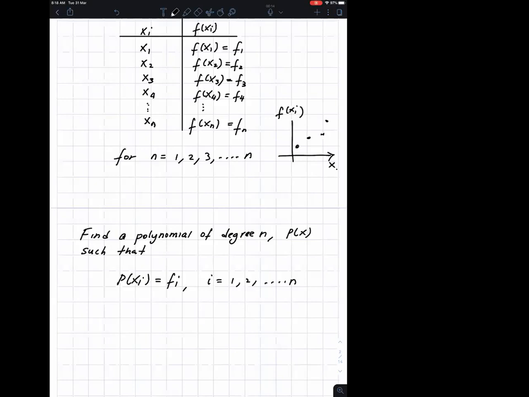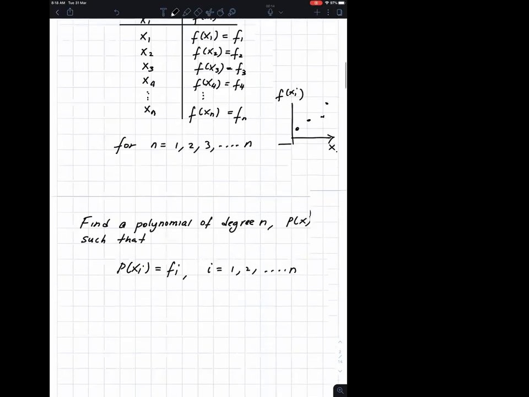It's telling you that you should be able to find the polynomial.